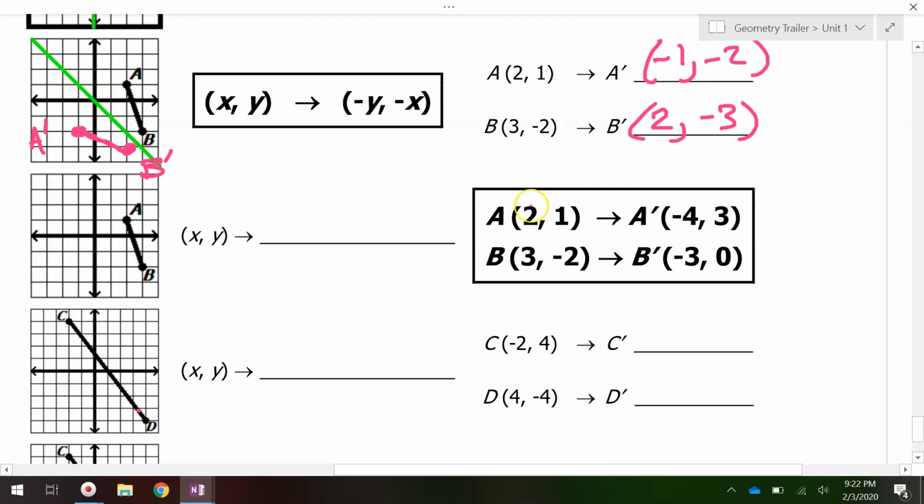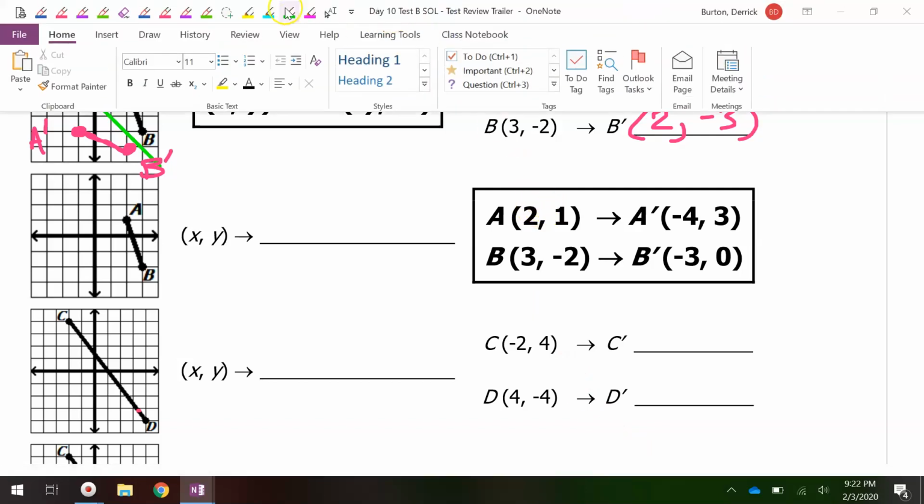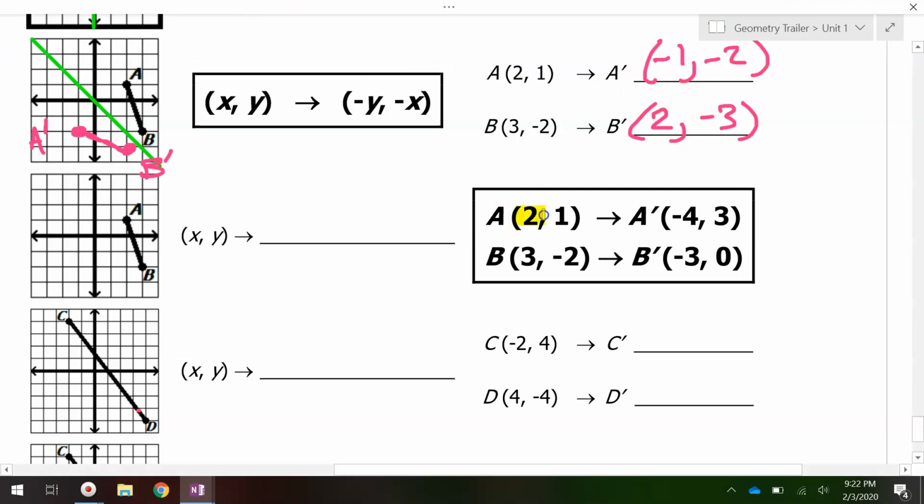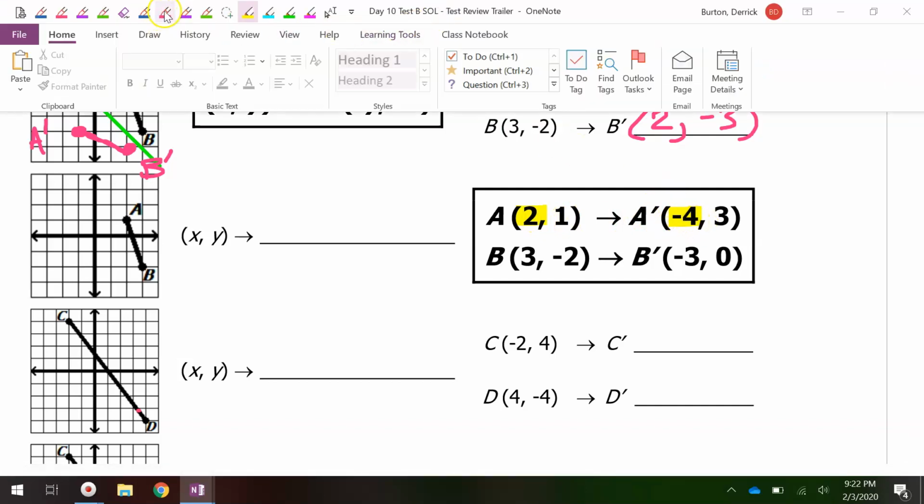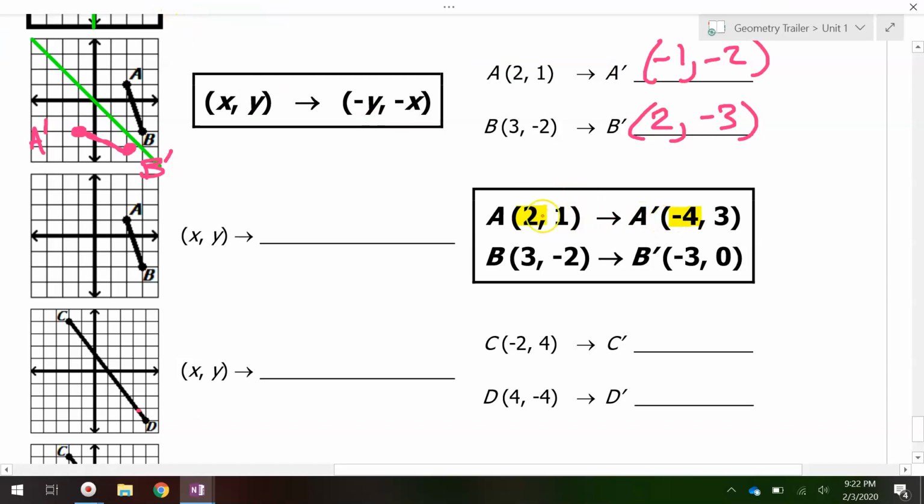So the x value, looking at the A and the A prime, is going from 2 to -4. So obviously it is decreasing, but it's decreasing by how much? Well, if I did 2 minus 6, that would be -4.